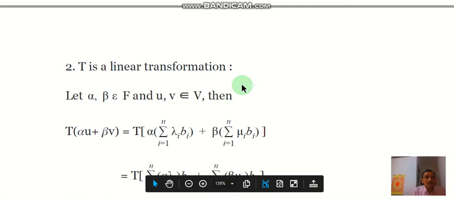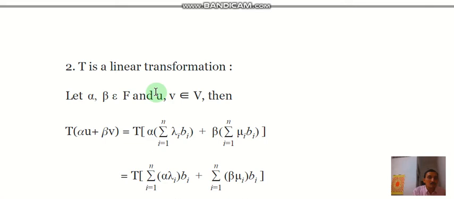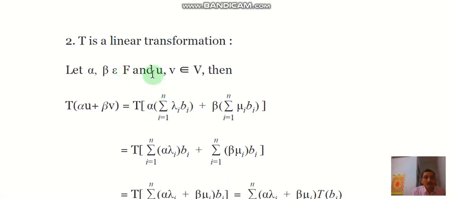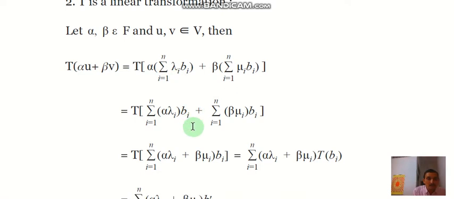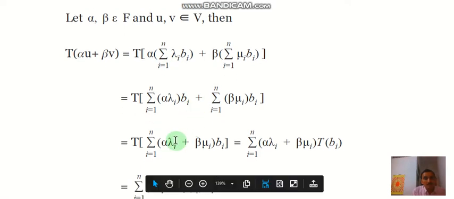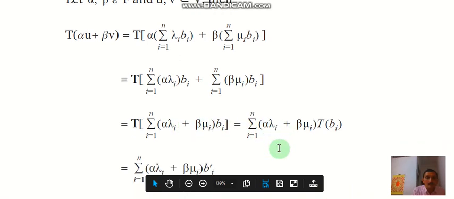Second, we will prove that this type of mapping is a linear transformation. For this we take alpha, beta belonging to F and u, v belonging to V. Then T(alpha u plus beta v) equals T of alpha summation lambda_i bi plus beta summation mu_i bi. Combining these and multiplying by alpha and beta, we can simplify this as T of summation (alpha lambda_i plus beta mu_i) bi.